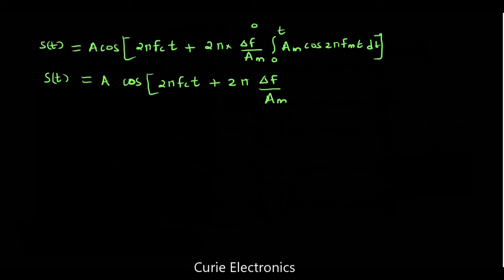Now we are integrating, so A_m is a constant, we can write it outside. A_m times the integration of cos 2 pi f_m t equals sine 2 pi f_m t upon 2 pi f_m. Right, this is the integration.